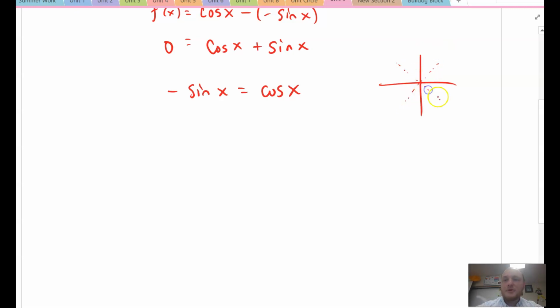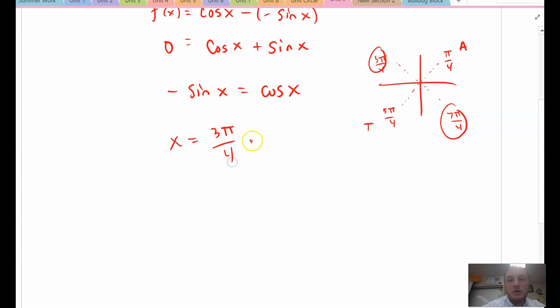So in what quadrants are they opposite? I'll let you think about that while I'm writing down my angles. Here's where they're equal. They're the same sign right here, and the same sign in quadrant 3. So that's going to be at 3 pi over 4 and 7 pi over 4.